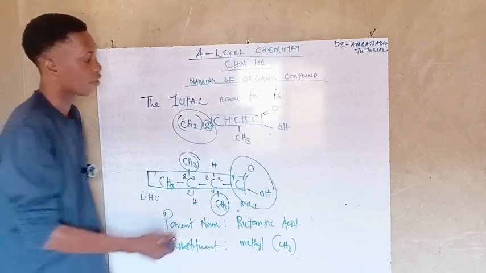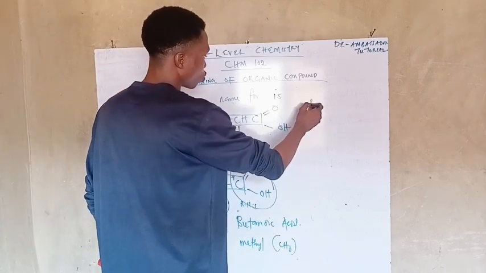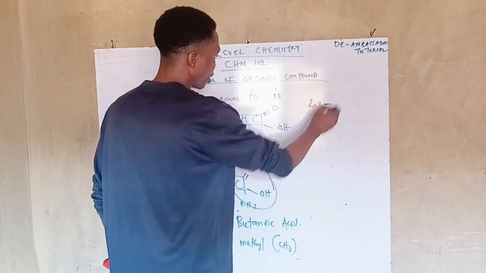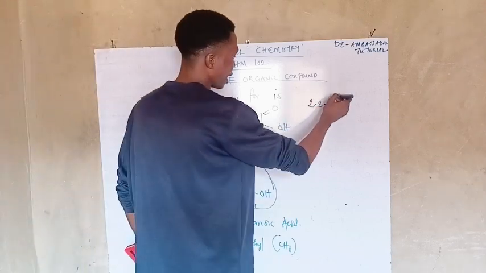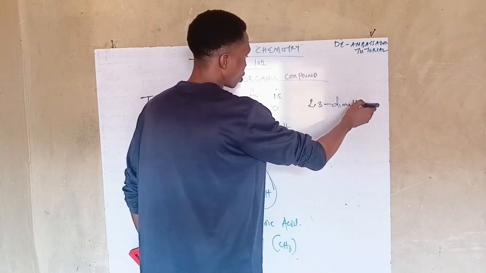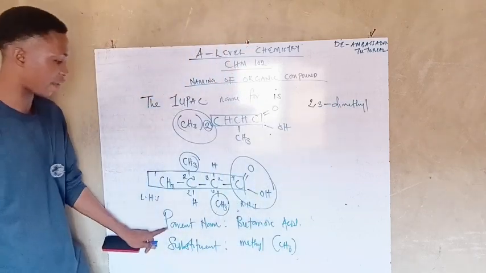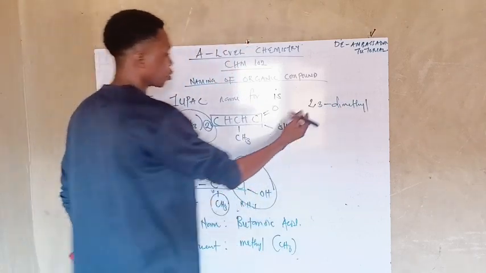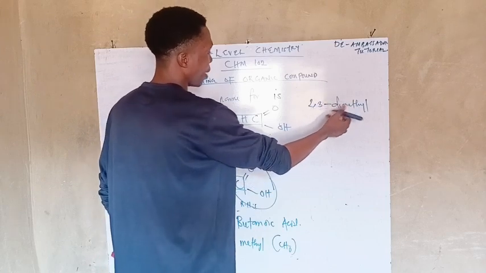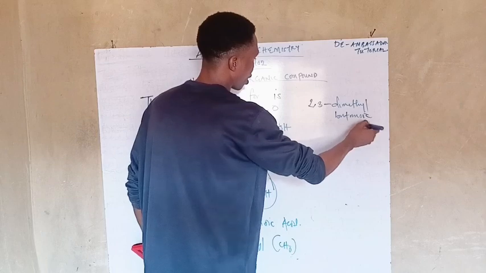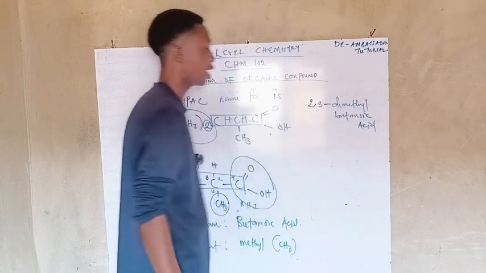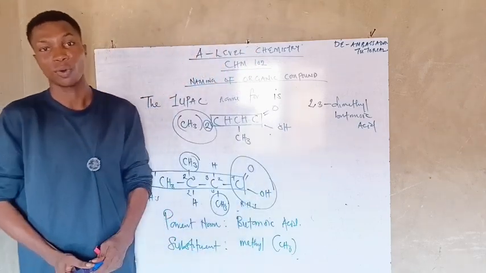In that case, if I want to name it, I would have called it 2, 3. But how many methyl compounds do we have there? 2. That we call dimethyl. Then you name the parent name, which is butanoic. So I'll call it 2, 3 dimethylbutanoic acid. So this is the name of the organic compound we have.